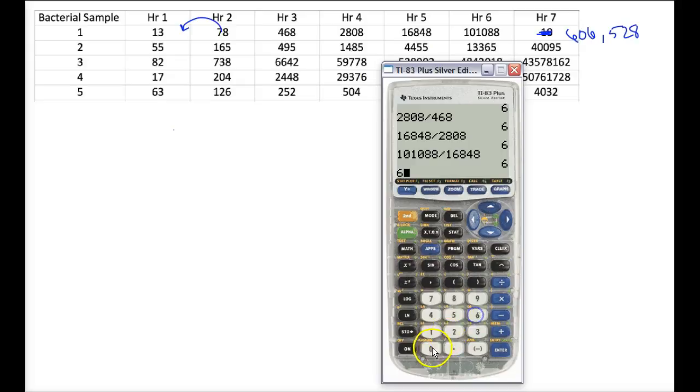And then the last one, 606,528 divided by 101,088. And you see that all those are 6. So because of that, we know that our common ratio for bacterial culture sample number 1 is going to be 6.